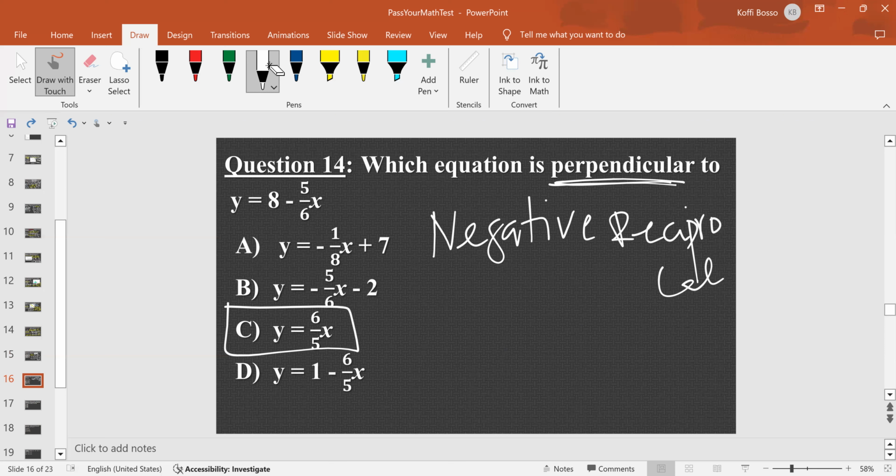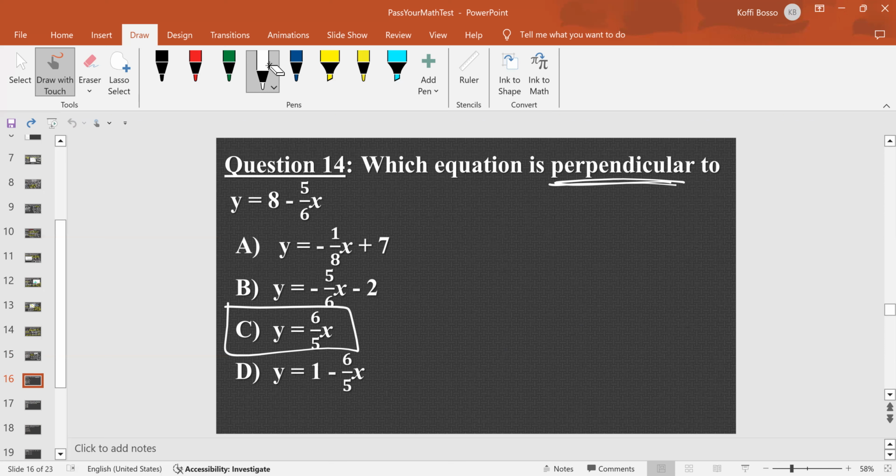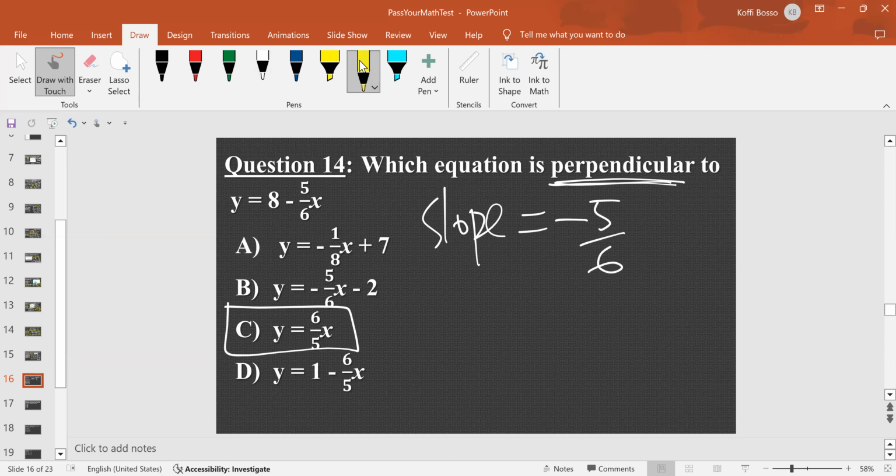Negative reciprocal of the slope. What that means is you're going to find the slope of the given line. And that slope here is negative 5 over 6. They trick you here. Don't think, oh, the slope is 8. No. The slope is the coefficient of x in the form y equals mx plus b.